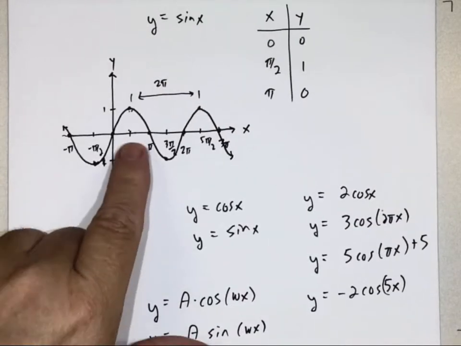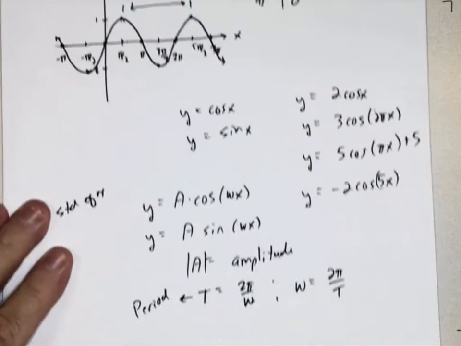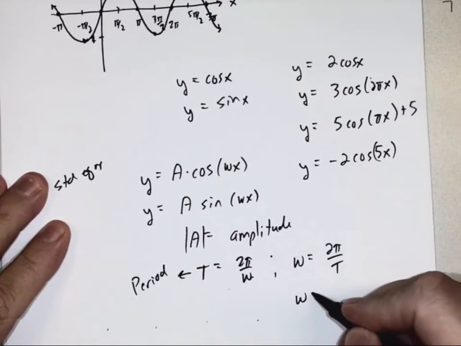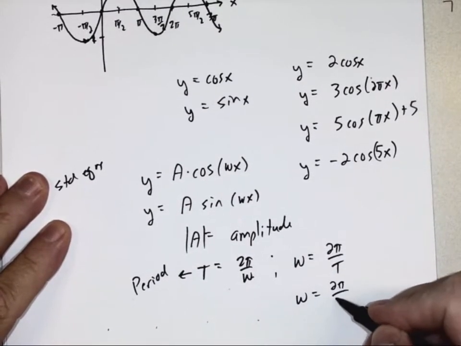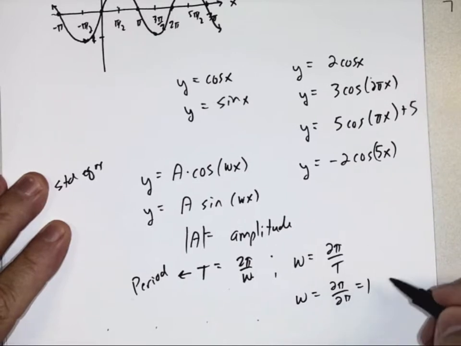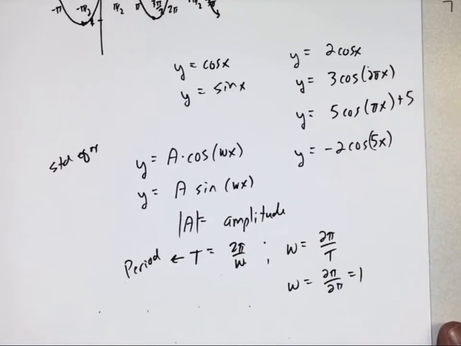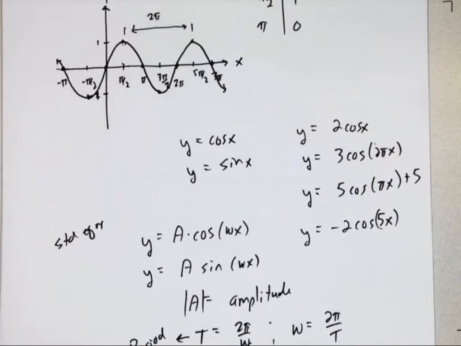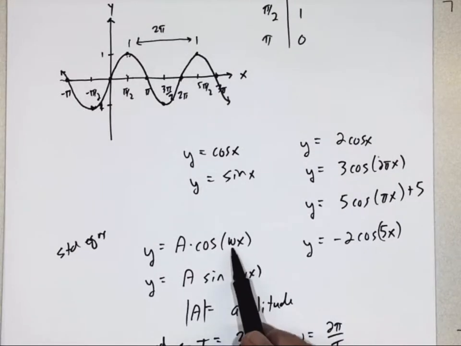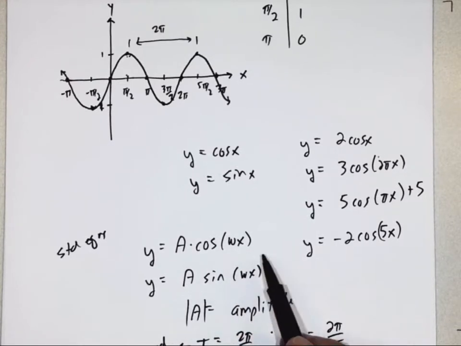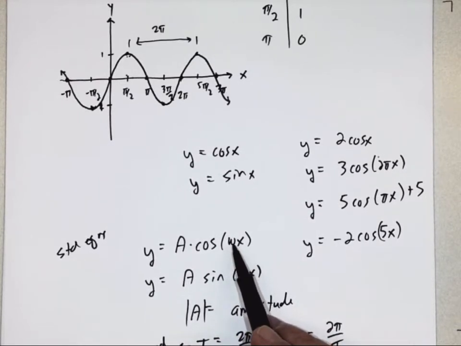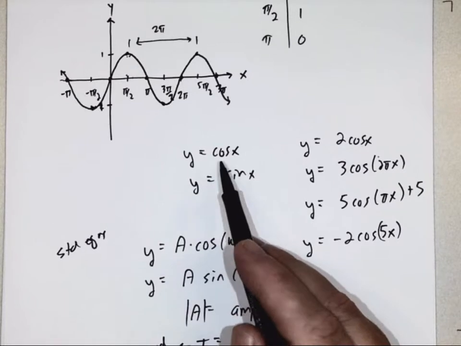So for this graph, since the period's 2 pi, 2 pi over 2 pi, omega is 1, and omega is the number that you multiply the x by that's in the cosine or sine, and since it's 1, it just looks like this.